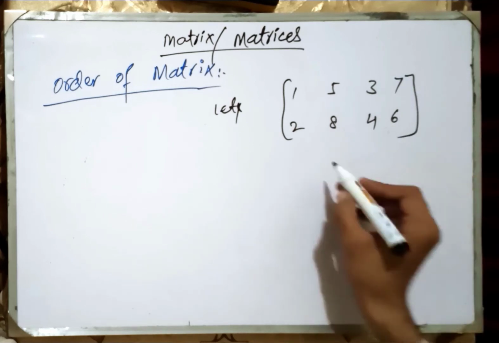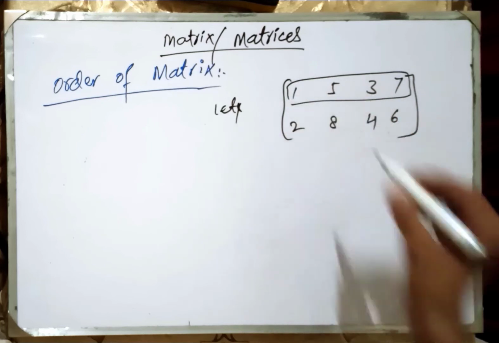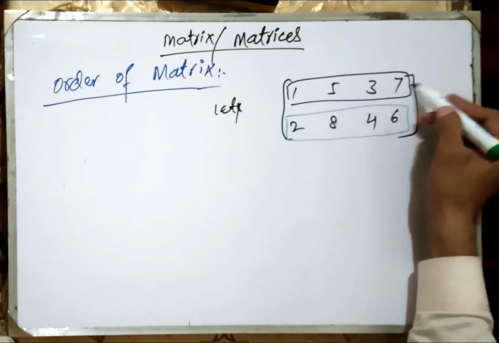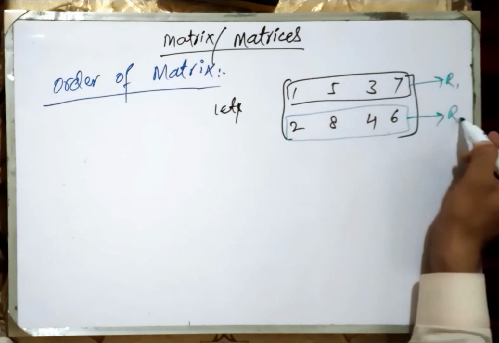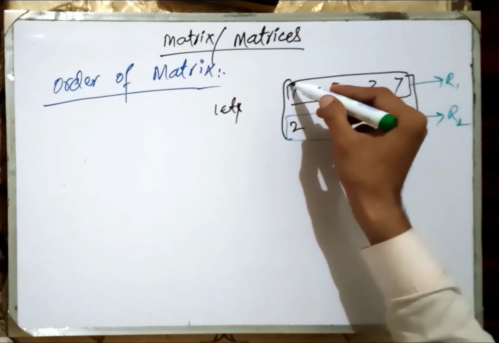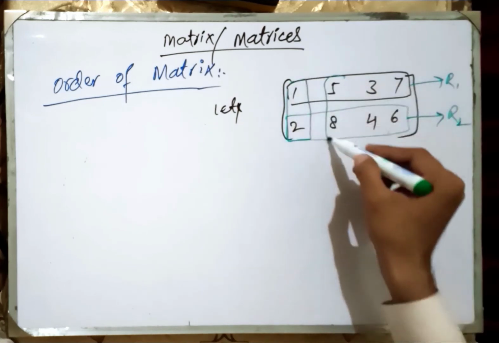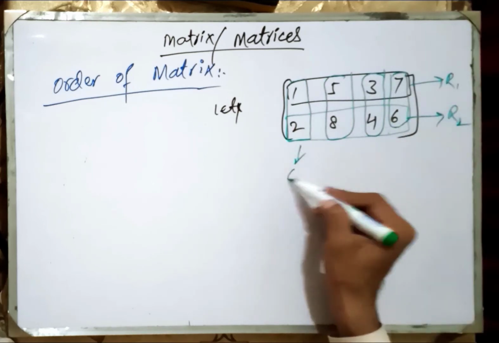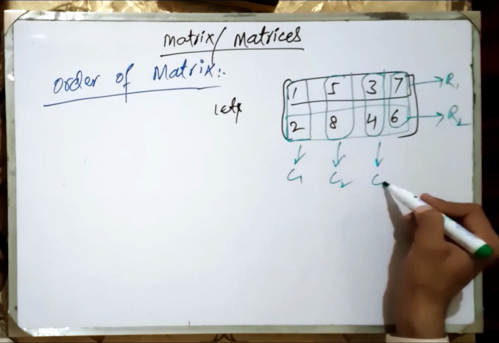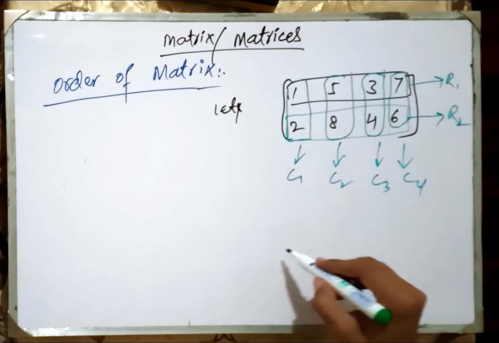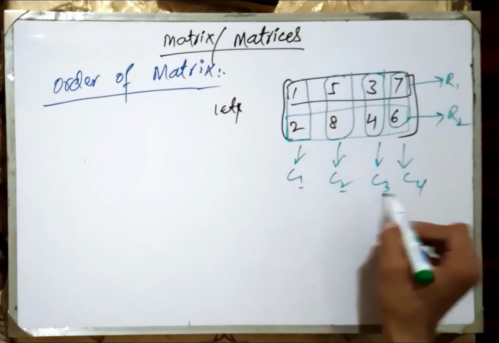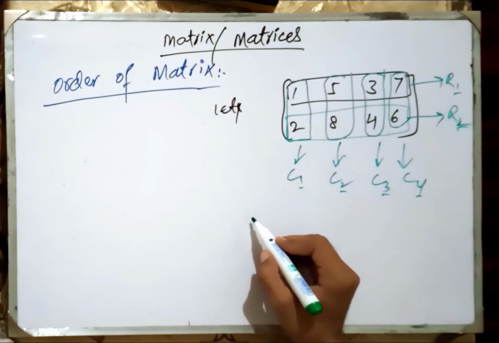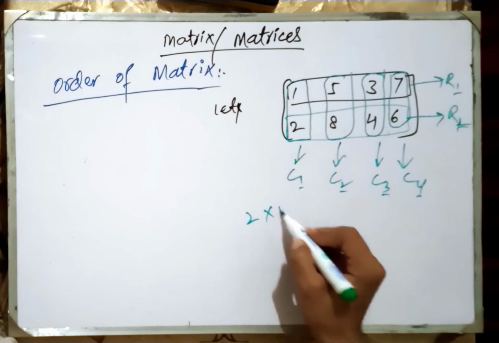In this matrix, the number of rows is 2, named R1 and R2, and the number of columns is 4, named C1, C2, C3 and C4. So here 4 columns and 2 rows. So the order of the matrix becomes 2 cross 4.